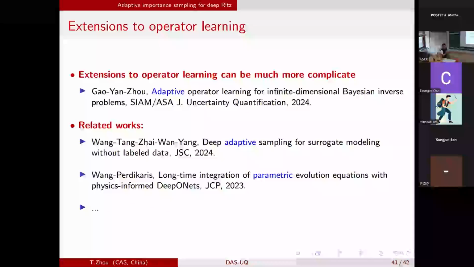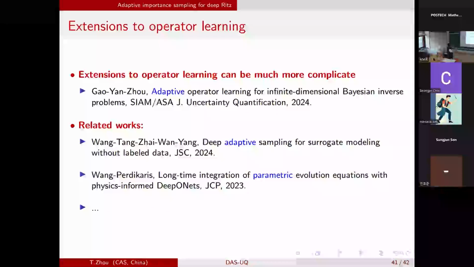So this is very complicated, but we have some ideas for the Bayesian inverse problem. When you face these special problems, we have some ideas to adaptively solve the operator for the Bayesian inverse problem. But for the general operator learning problem, how to do the adaptivity is still in progress.